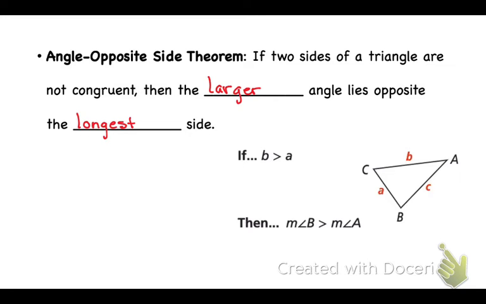So what that tells me is if side B is greater than side A, then angle B is greater than angle A. That's all it means. The longest side is across from the largest angle. The smallest side is across from the smallest angle. And the middle is across from the middle. That's it.